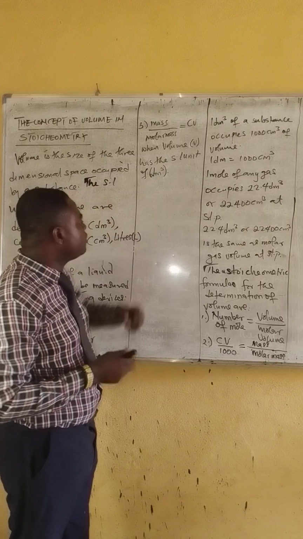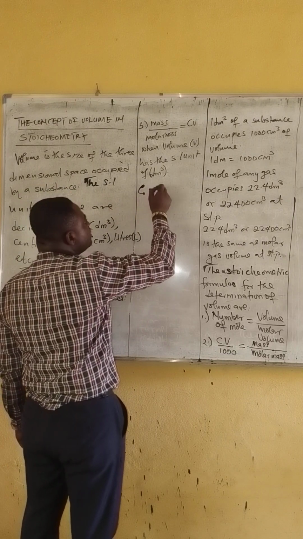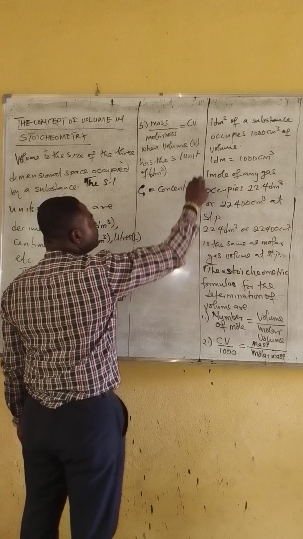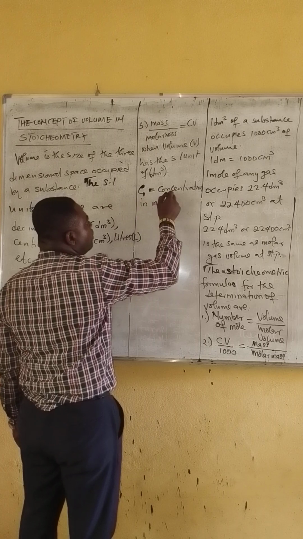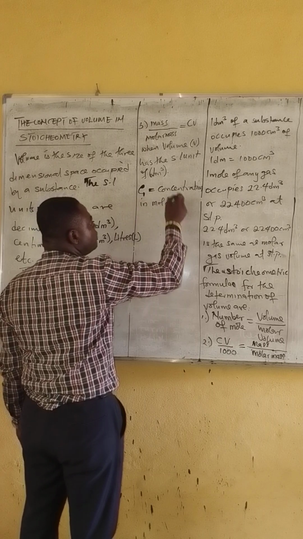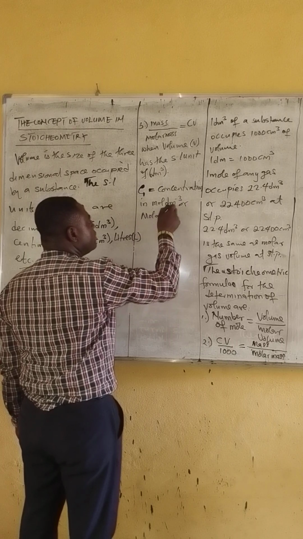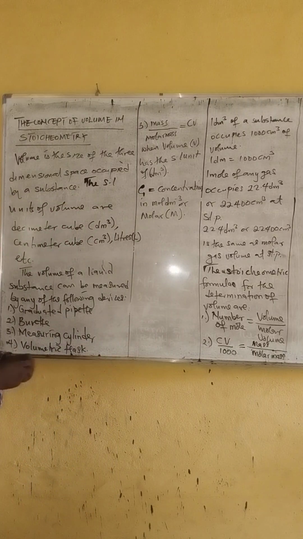And take note, C means concentration in mole per dm cube or molar. When you see capital letter M after a number, it means concentration, it means C, concentration in mole per dm cube or molar.